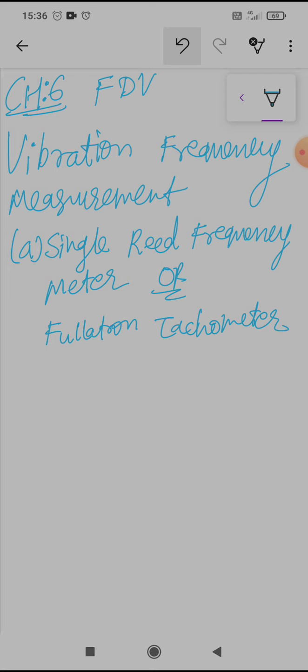So let me draw the diagram first so you will understand very easily. Let's draw the diagram. First we'll draw a calibrated scale. There are markings on this scale. So this is a calibrated scale.